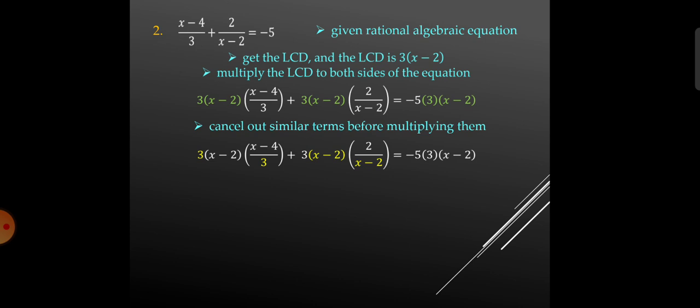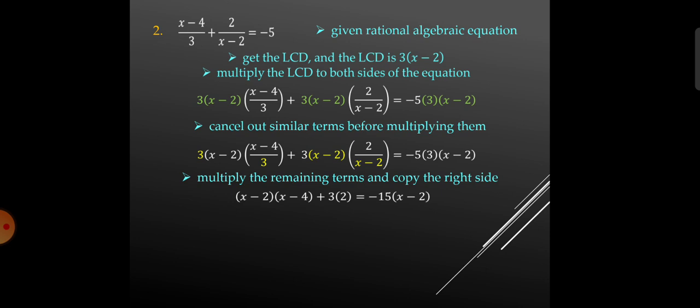Like, ang 3, pwede makacancel. Ang x minus 2, sa second fraction pwede makacancel. So, how are we going to cancel out these similar terms before multiplying them? So, ang pwede makacancel, ang kanang duha ka 3 nga yellow, ug ang duha ka x minus 2 nga naka-yellow. So, multiply the remaining terms and copy the right side.